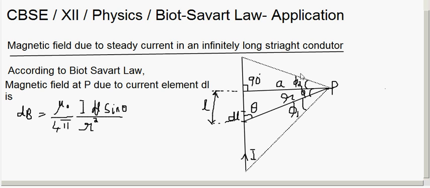Similarly, on the other end, it makes an angle phi 2. So this is phi 1, phi 2.